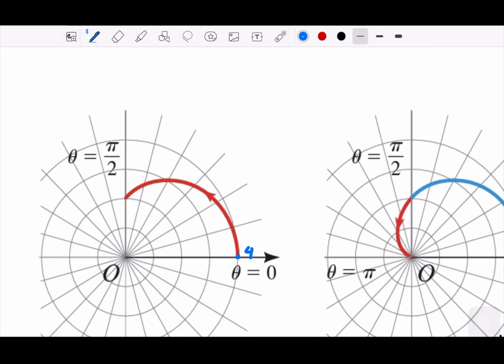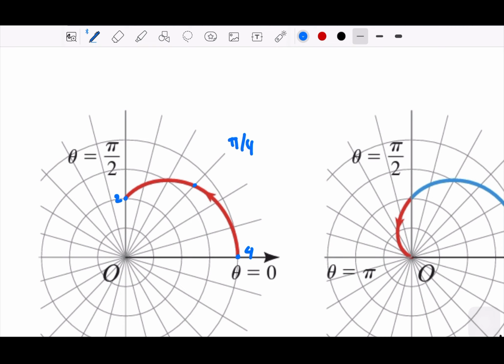So if we take pi over 4 here, this is the point. And then we could also think of pi over 2 here. This is the radius, right? So we have these steps.